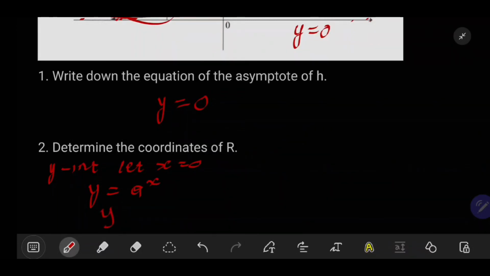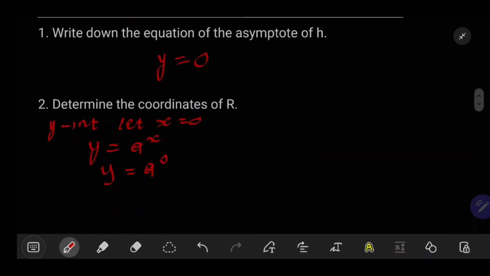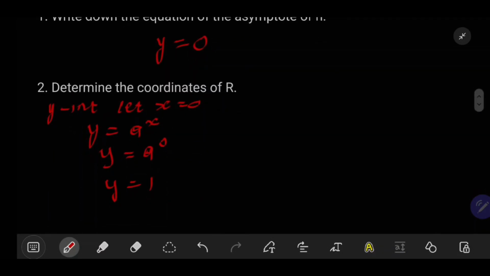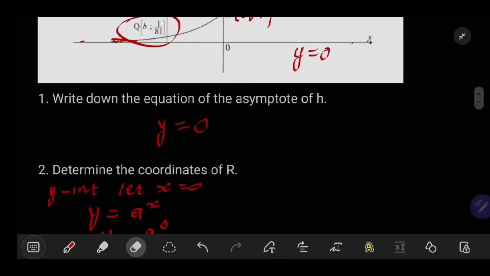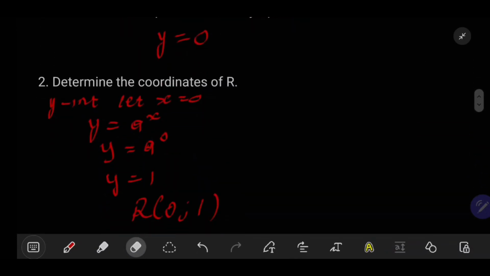Then we have y is equal to a to the power 0, and this will be y is equal to 1. So the coordinates of R are (0, 1). So this point here is (0, 1). These are the coordinates of R.